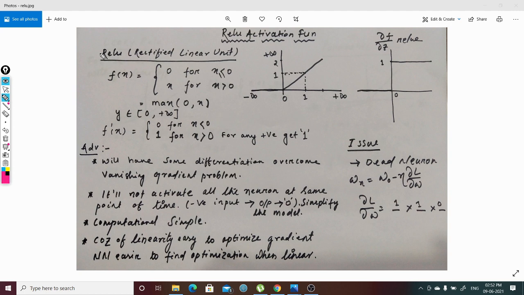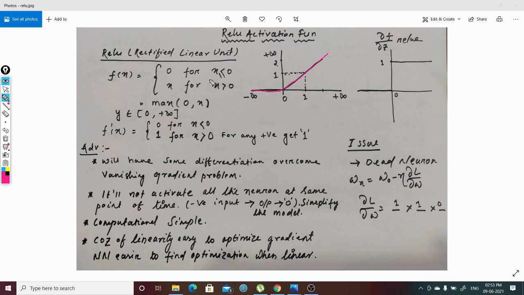So yes, ReLU is nothing but the rectified linear unit. It is a linear activation function which transforms any input that goes to the ReLU activation function through linear functions, right? As you can see in the graph, this ReLU activation function is very simple.